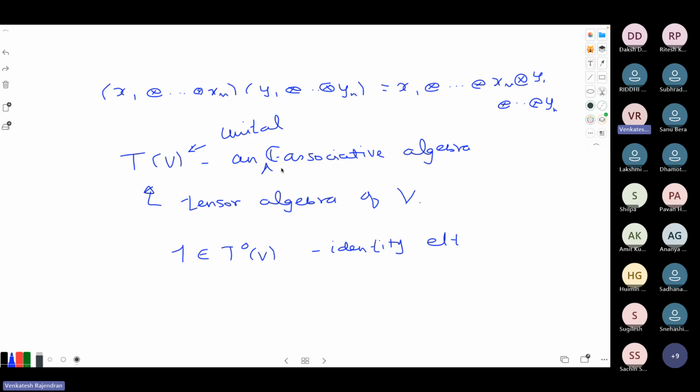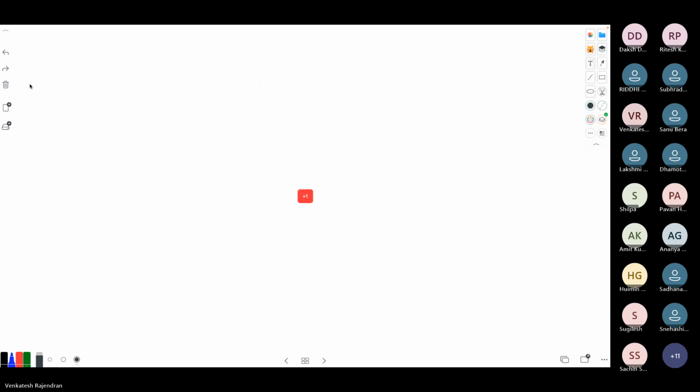But I will also tell you how to work with them in a more practical way. So with that note, let us see what the tensor product means in a more practical sense. That's what is more important to us.